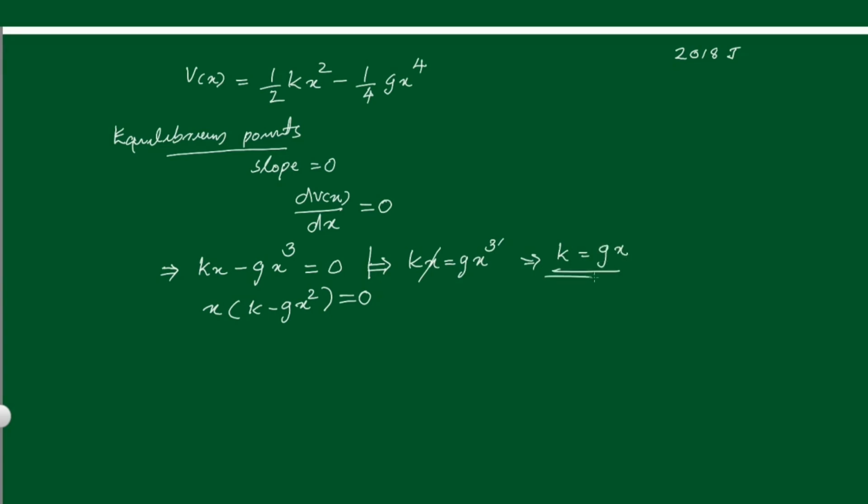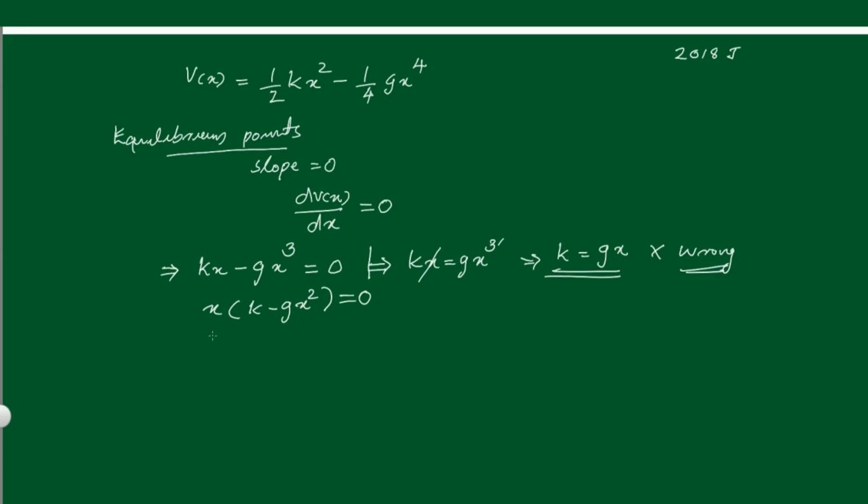If you do it this way, then your answers will be definitely wrong. So don't do this kind of work. Please follow this method. If there is a common x term, take it out and include the other terms inside the bracket.